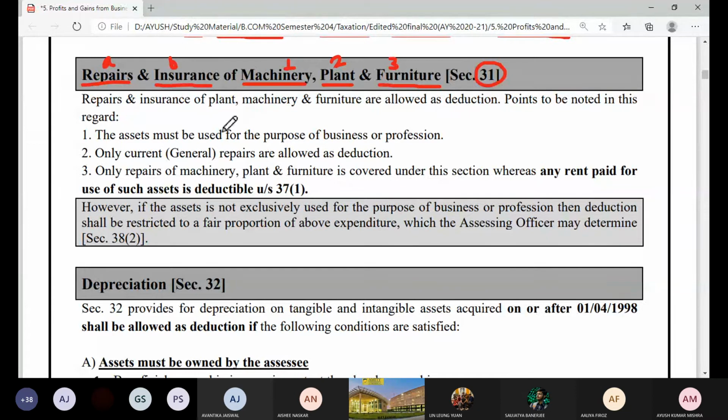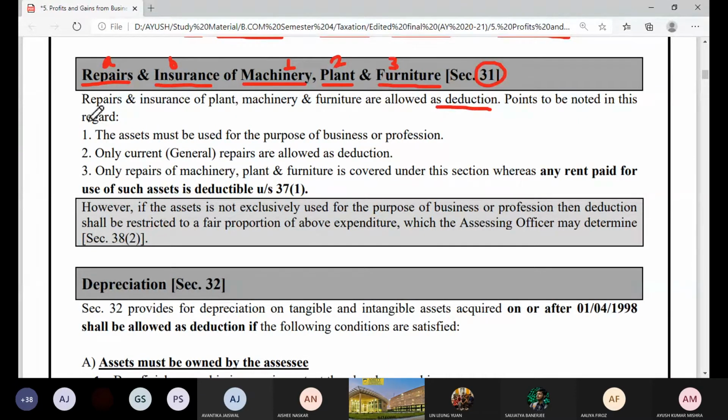Now, as we study this, you'll see it is somehow a replication of section 30, which we are now seeing in terms of machinery, plants, and furniture. This section says that the repairs and insurance of plant, machinery, and furniture are allowed as deduction.